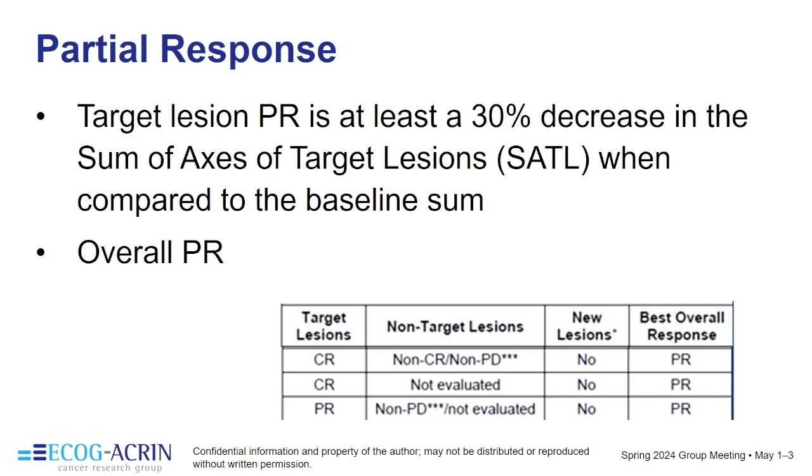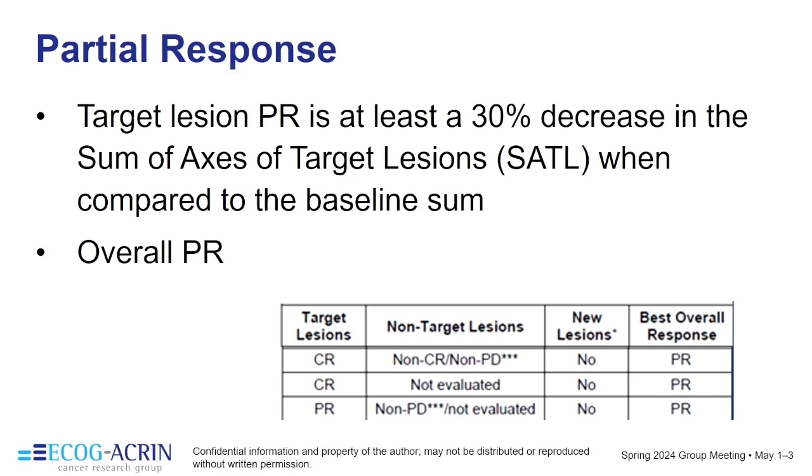And then when we're looking at, is it an overall partial response? We could have the target lesions have complete response, but if those non-target lesions have not resolved, it would be a partial response. If we had complete response in the target lesions, but then the non-target lesions were not evaluated, that would be partial response.